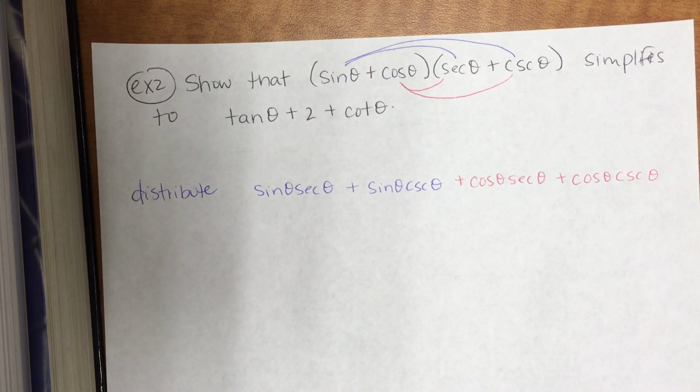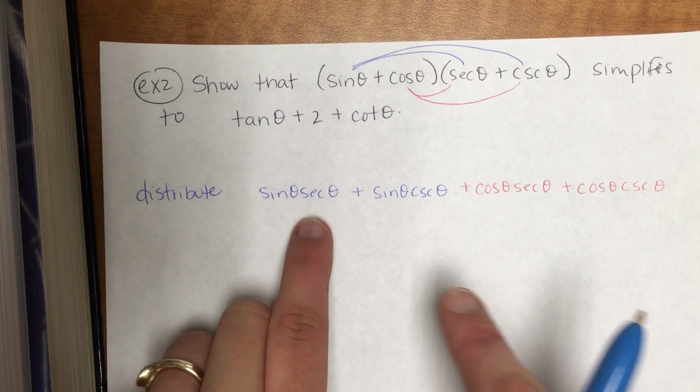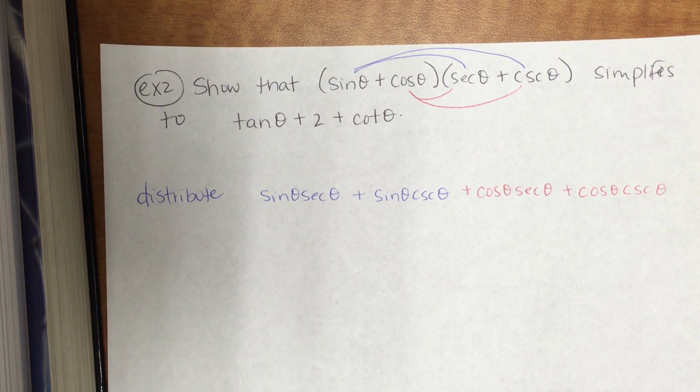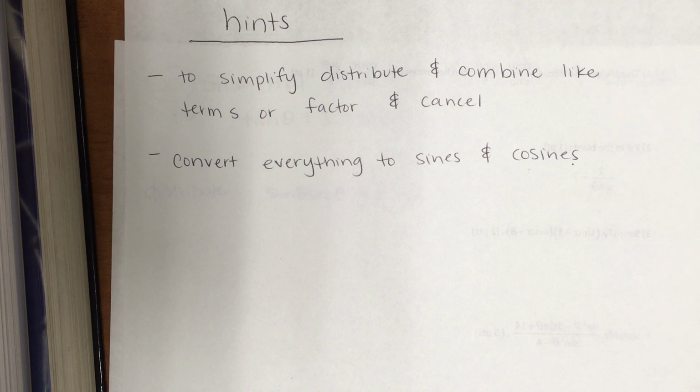Okay, now that I have that, combine like terms, but as you can see, there aren't any like terms. None of these four pieces have the same two trig functions in them. So I need to use another hint, another trick. My only other trick is to convert everything to sines and cosines.